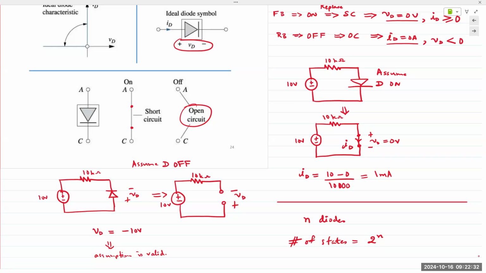So in this circuit, the cathode of my diode was connected to the negative end of the voltage supply. So my assumption is the diode most likely is on. So when we look at a circuit, I would make an assumption based on the circuit configuration.